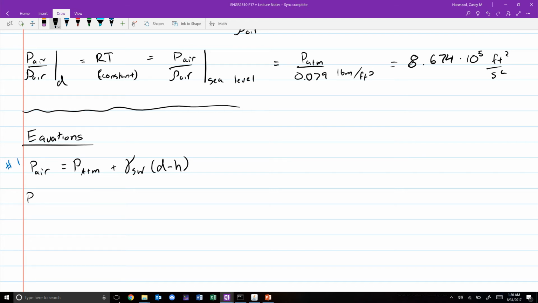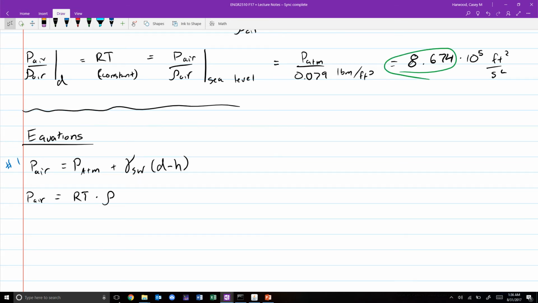And we have from the ideal gas law that P air is equal to RT, which is a known constant, has this value right here, times rho air. Okay, so we have 2 equations.